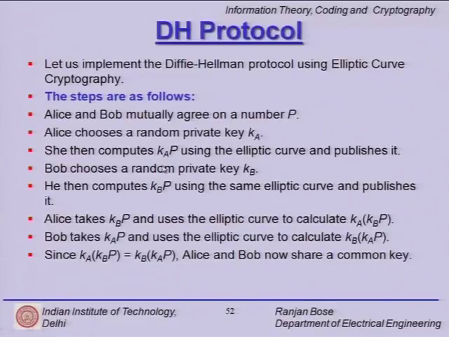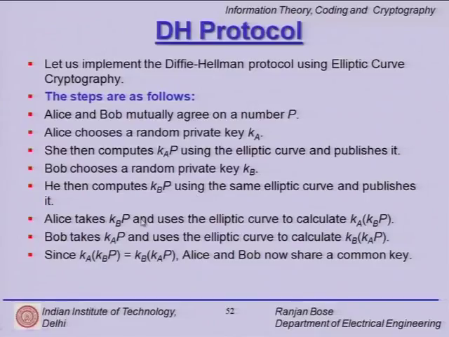But finding k is not easy, that is the computational difficulty that we have established. Similarly, Bob does the same job. He chooses at random k b, which is known only to Bob, and then computes k b p using the same elliptic curve, and then publishes this k b p. Again, getting k b from k b p is difficult.